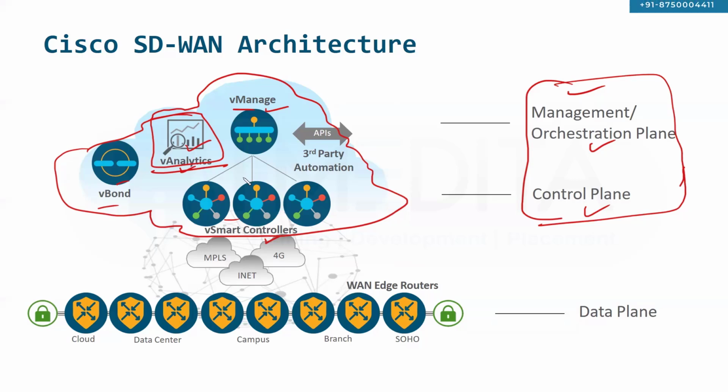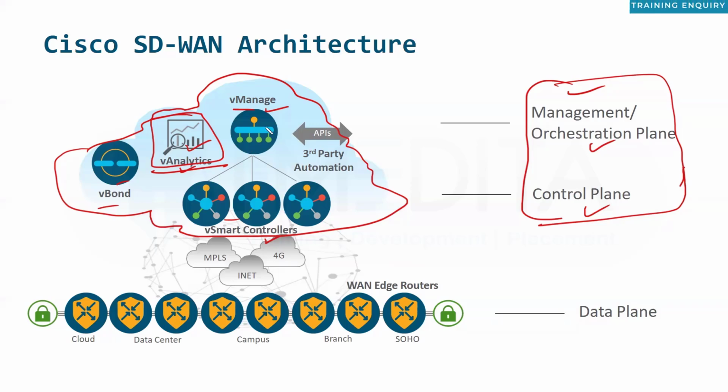I would say that for other vendors it is a kind of single point of failure. Why? Because if one component goes down, then you lose everything. You lose your management plane, you lose your orchestration plane, you also lose access to your control plane. So all these will go down if you are using a single component for everything.